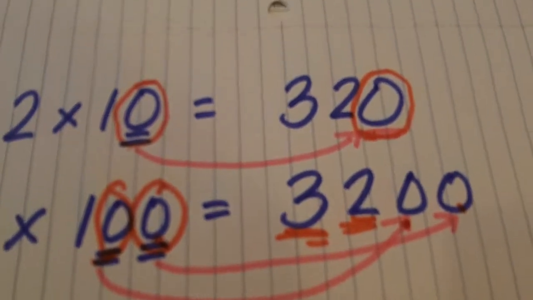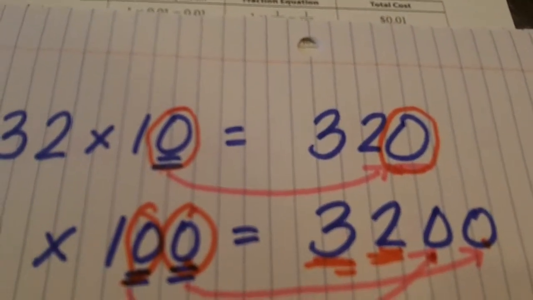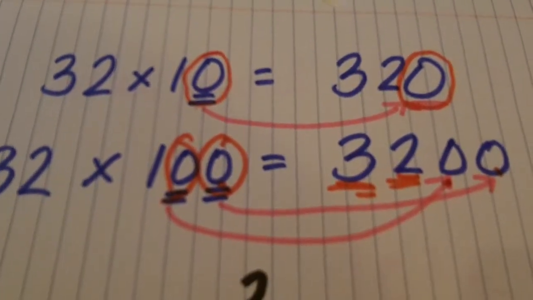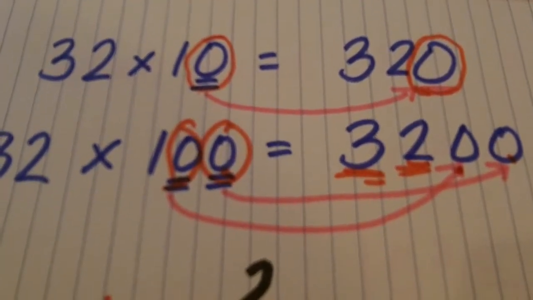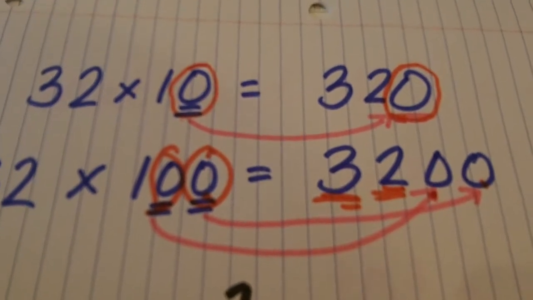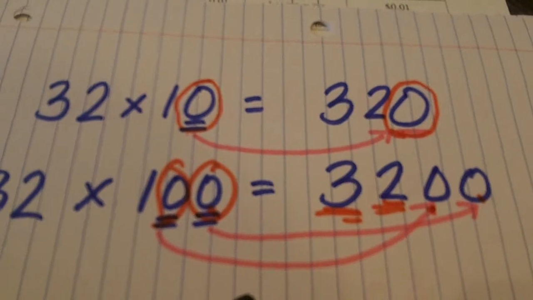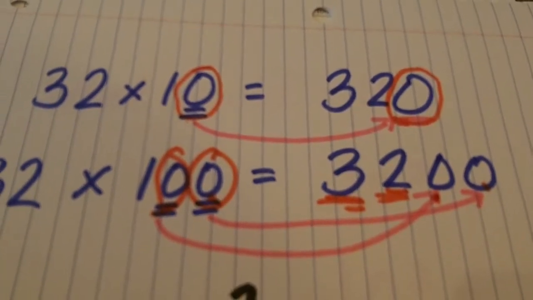Now, let's get into exponents. Some of you have probably seen or worked with exponents before. They're the little numbers above the number, similar to when we write squared for area or cubed for volume.